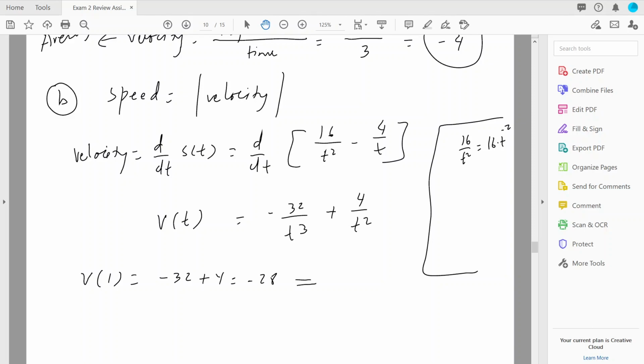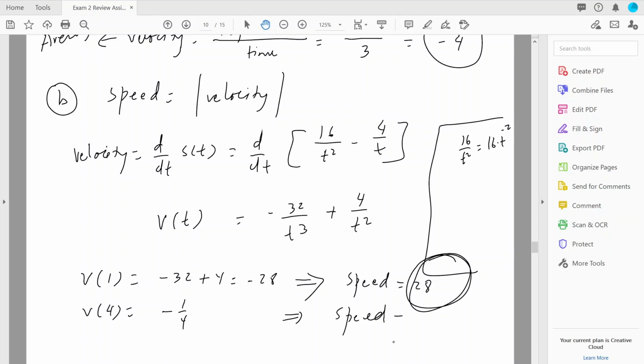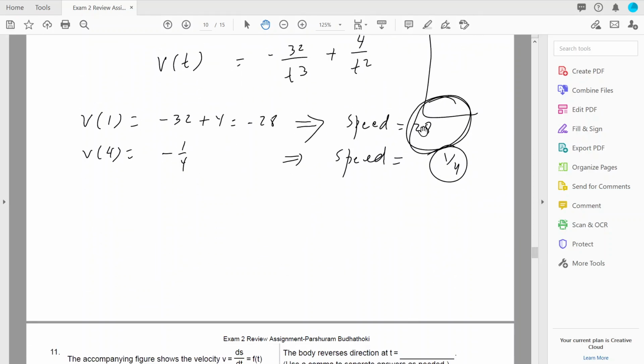So the speed when time is 1 would be the absolute value of negative 28, which is positive 28. When time t is 4, the velocity would be negative 1/4. Just plug t equal to 4 here and simplify. That will give us the speed equal to positive 1/4. So speed at the endpoints is 28 and 1/4.